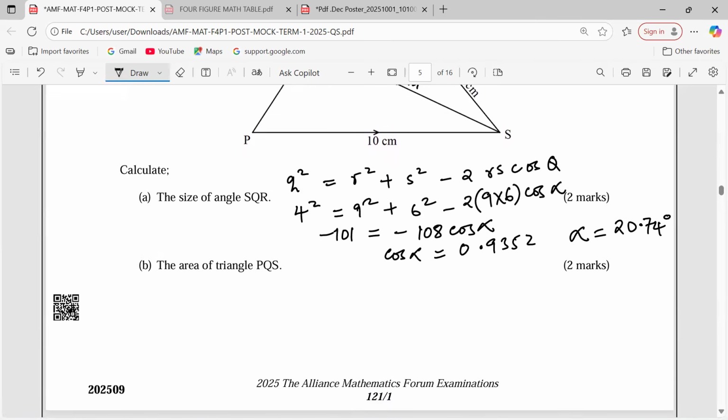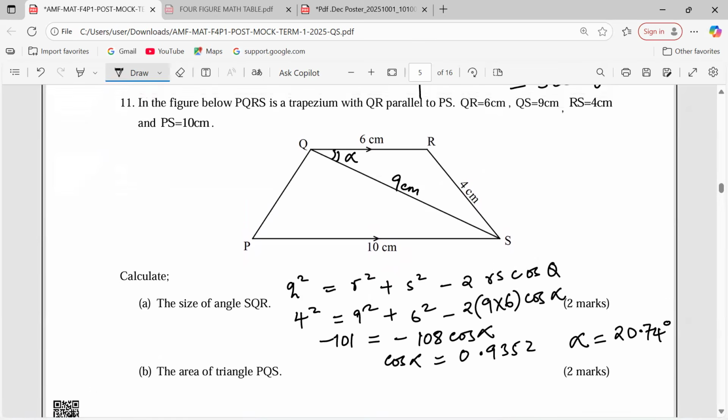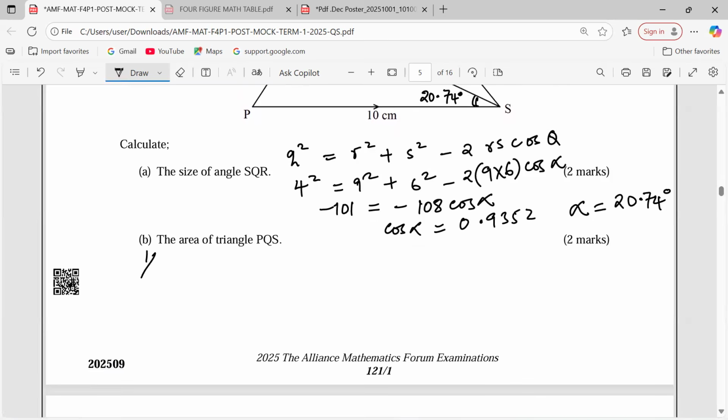Area of triangle PQS. Now, because QR is parallel to PS, then the angle alpha that we've calculated is alternate to these, and alternate angles are usually equal. So now we can use half times one side, 10, times another side, 9, times the sine of the angle between them.